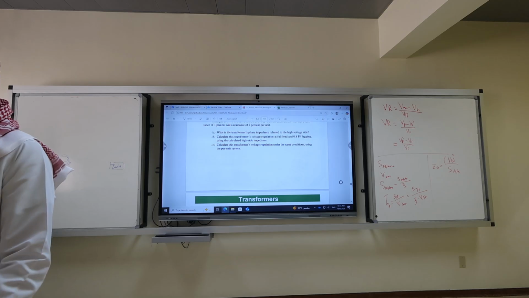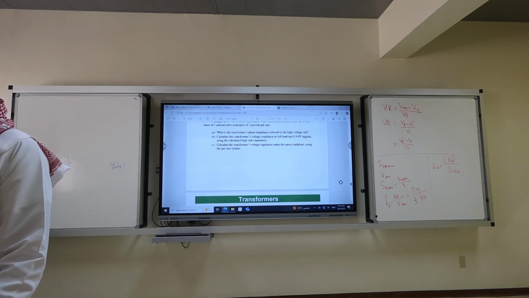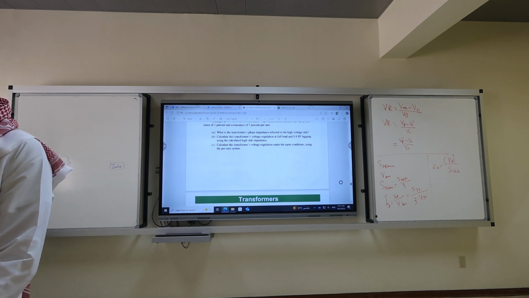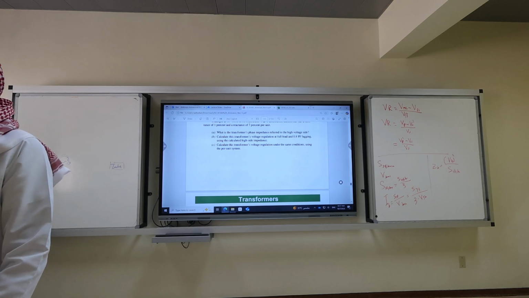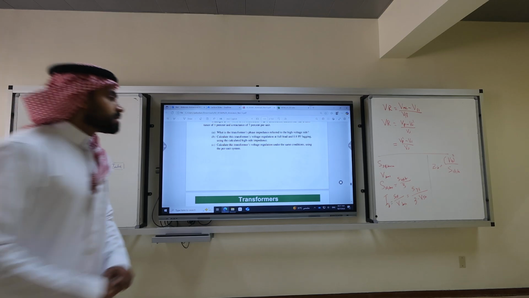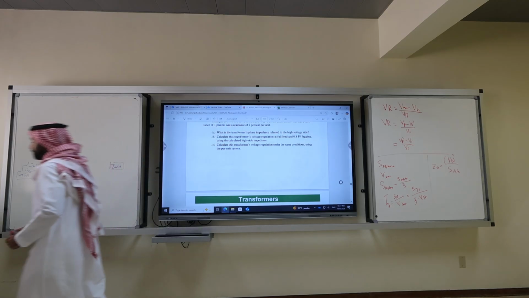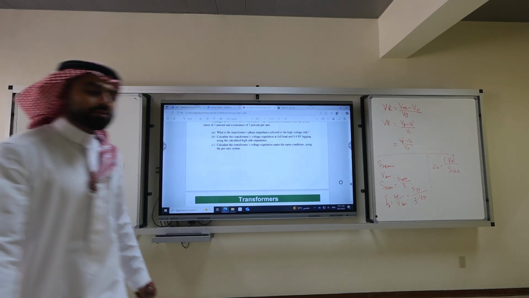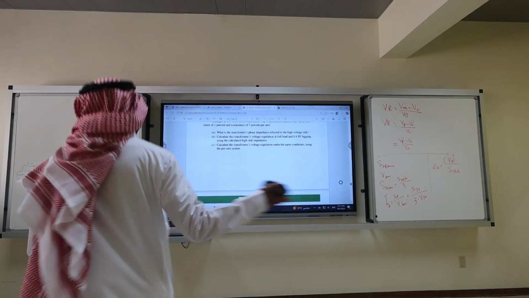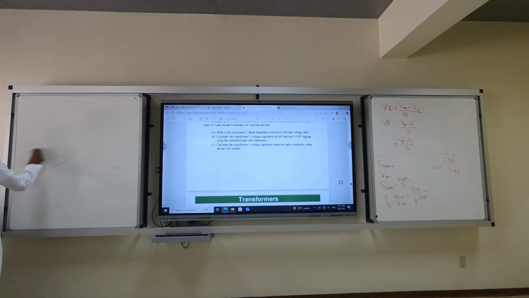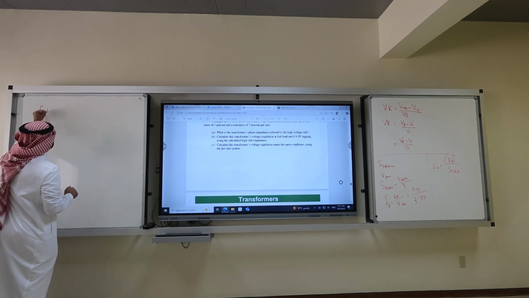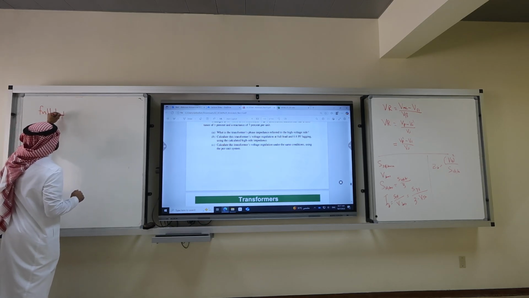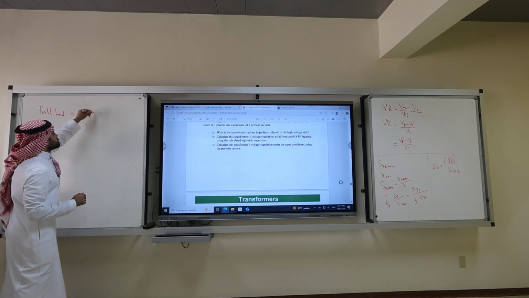Full load, remember, in power we said we love rated. So full load means what it is designed for. Means rated. Means the load complex apparent power equals rated. So the key information here is what? Full load means rated. That's it.